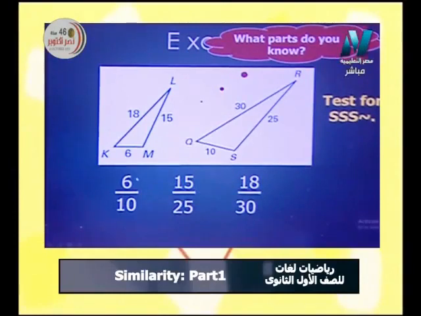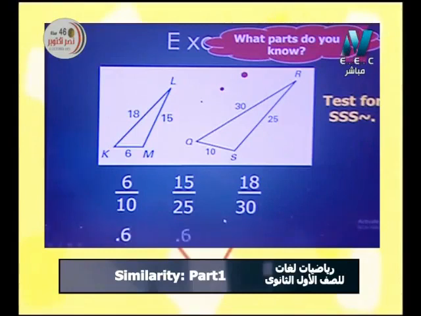Notice that we start with 6, 15, 18 from the smallest to the greatest, and here we also started with the smallest to the greatest: 10, 25 and 30.